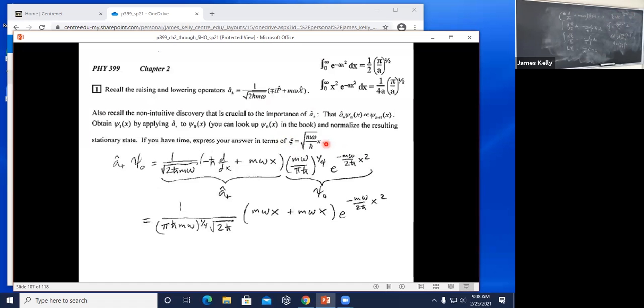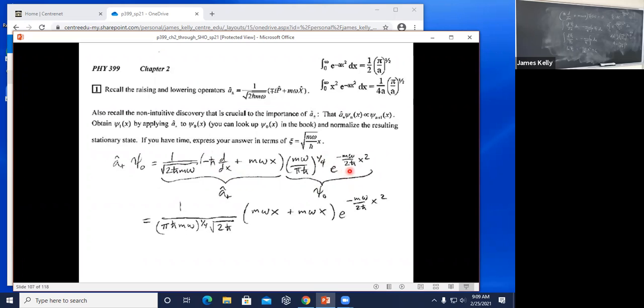All right, so let's apply a plus to psi 0. Here's our expression for a plus right here, just pulling the definition from before, and here's our psi 0 that we just worked so hard to find. I've got to take a derivative of this Gaussian function.